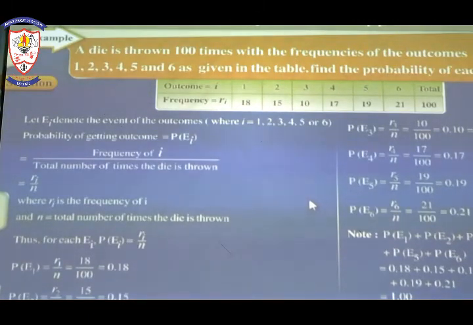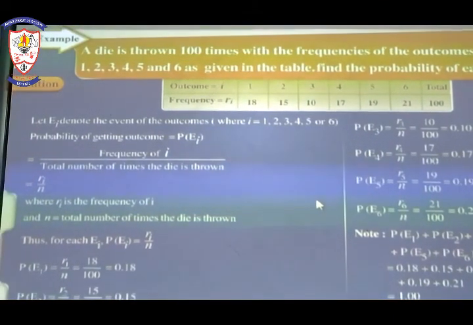Again I am saying i can be 1, 2, 3, 4, 5 or 6, and N is the total number of times the die is thrown. Thus for each Ei, the probability of an event Ei is always equal to Ri upon N.